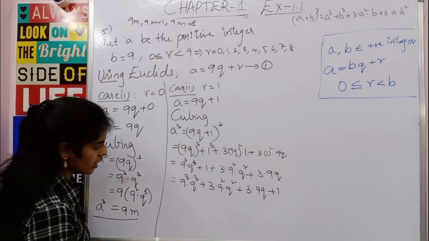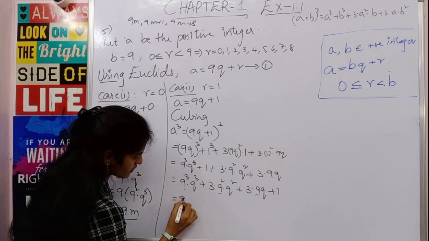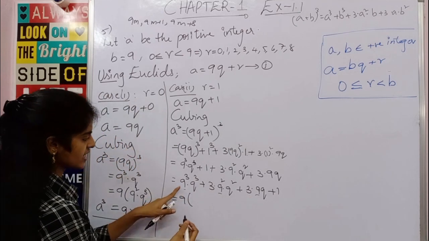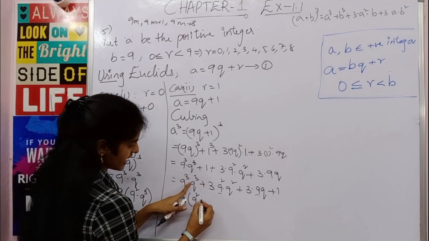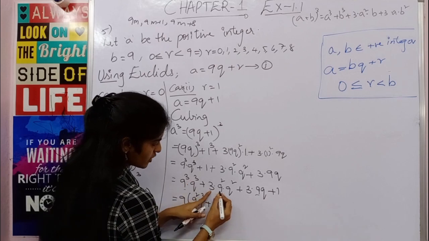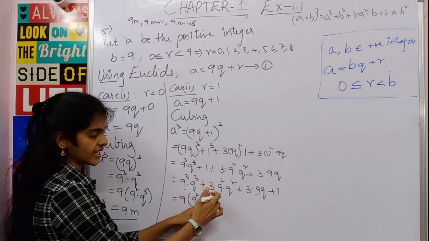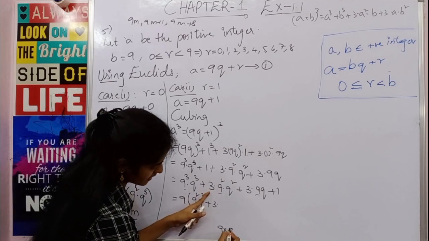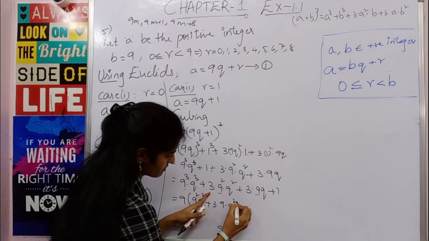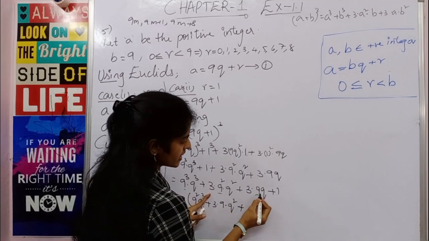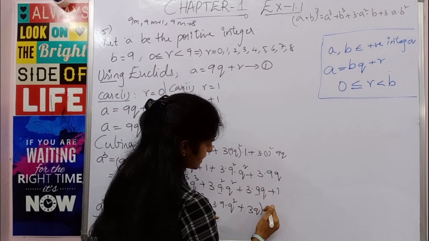Okay, now out of all these terms you can see 9 is common. So let me take 9 as common. If you take 9 common, here you have 9 cube, so it will reduce to 9 square, 1 9 is taken out. So 9 square q cube plus here you have 3 multiplied by 9 square, so 1 9 you are taking common. 9 square is 9 into 9, 1 9 you are taking common, so you are left with another 9 into q square, plus here you are taking 9 common, so you are left with 3q plus 1.